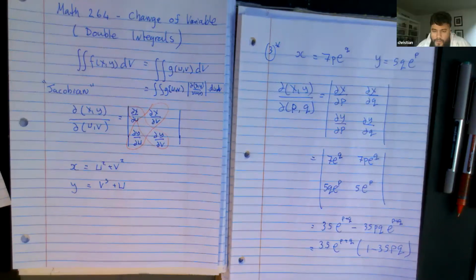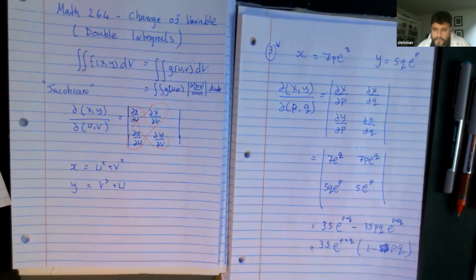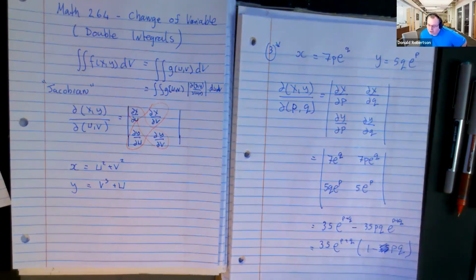Wouldn't it just be 1 minus pq? Crazy? Yeah. Oh, you all caught that deliberate mistake, guys? Okay.